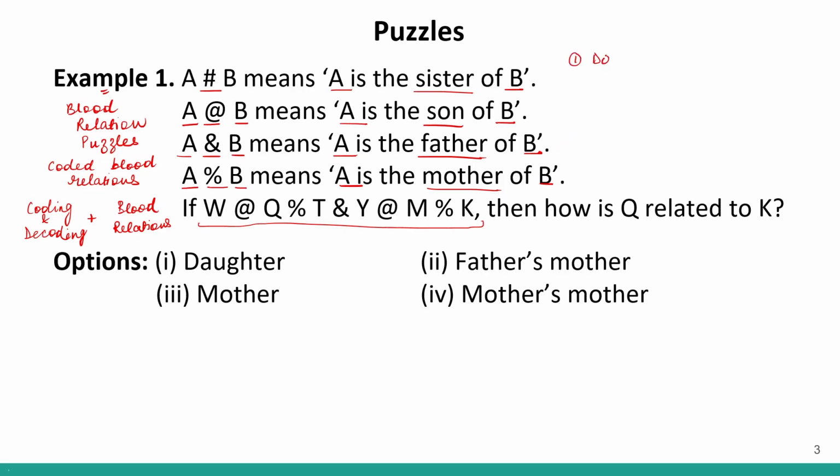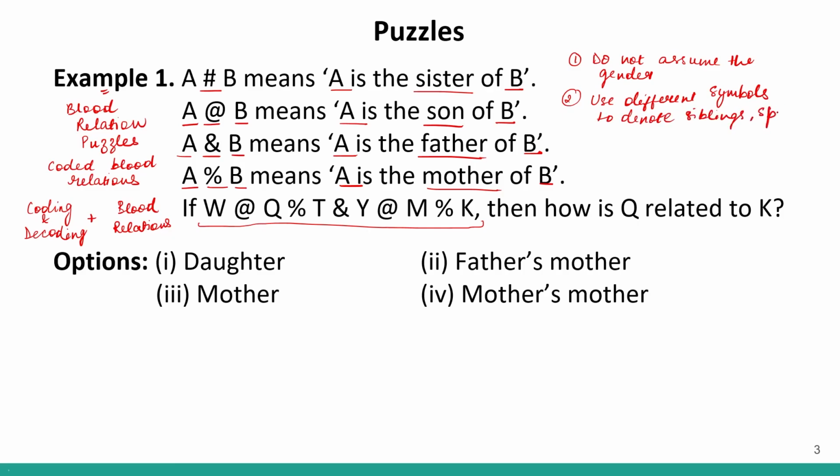First is do not assume the gender. Second thing was use different symbols to denote siblings, spouse.